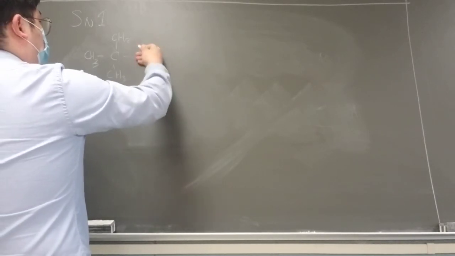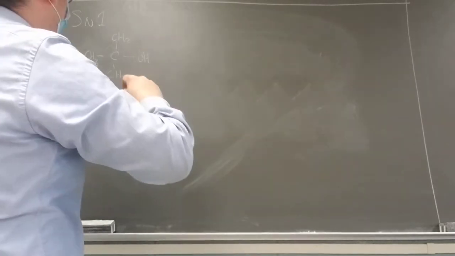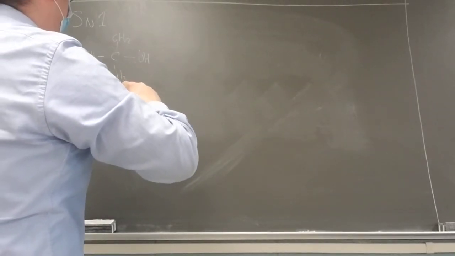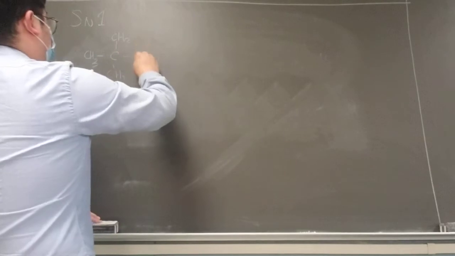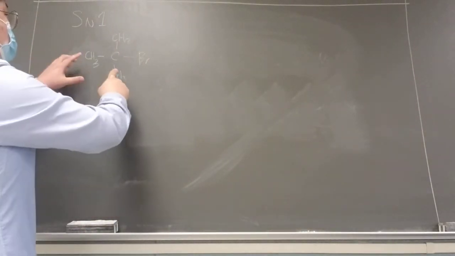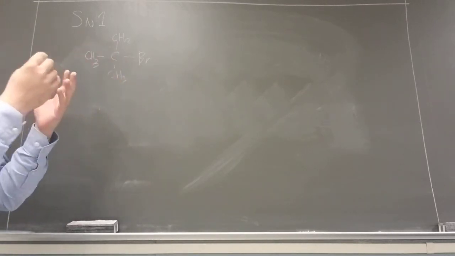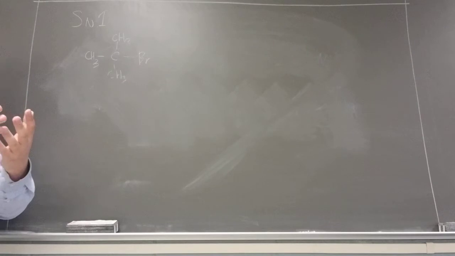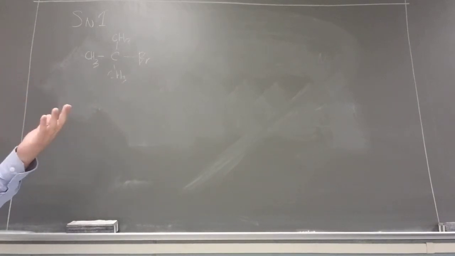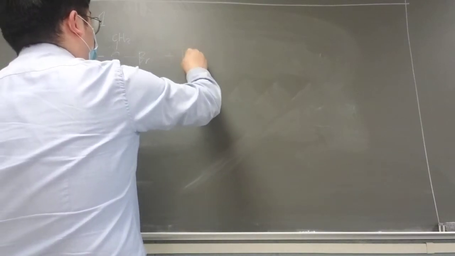Whenever you have this type of compound, you can switch to any leaving group, which is quite okay. But the problem is you have three alkyl groups over here. It's very highly substituted. So based on what you learned from SN2, it might not be a good compound for any substitution reaction like this one.